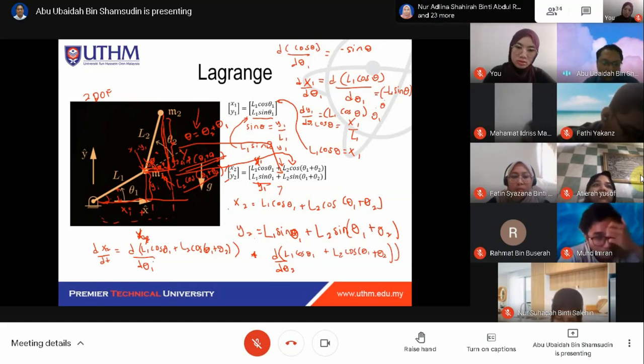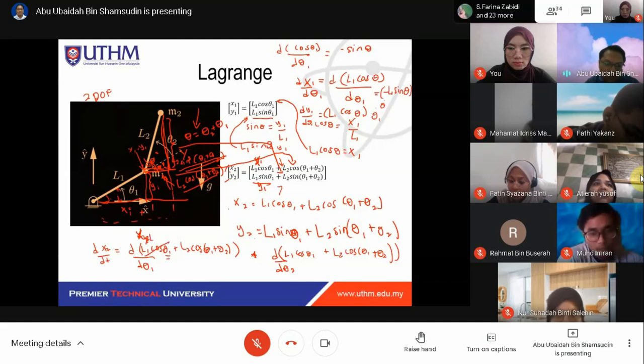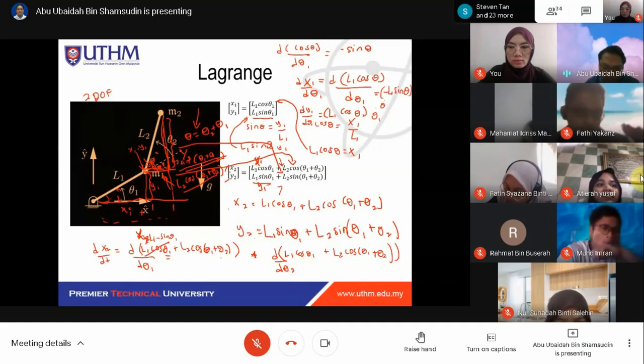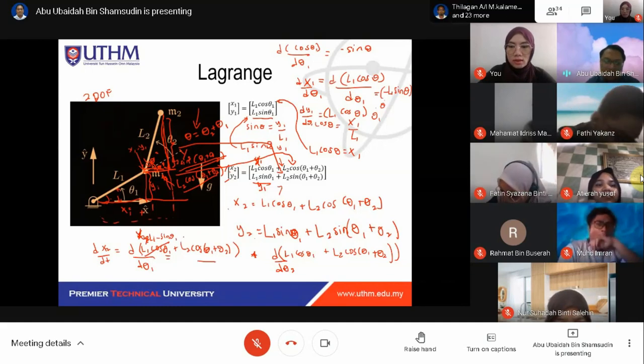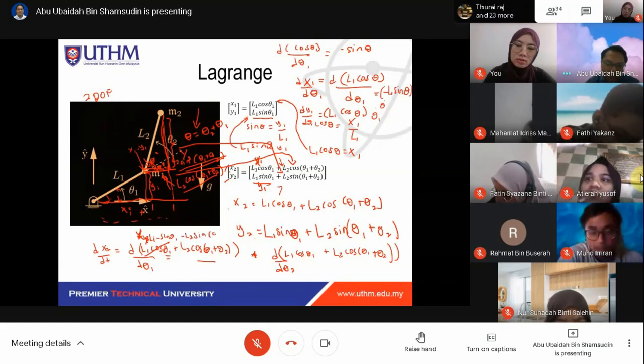Okay, let's see here. So this is for theta 1. If we differentiate, we will have L1 negative sine theta 1. How about this one? We also have theta 1. So minus L2 sine (theta 1 plus theta 2).